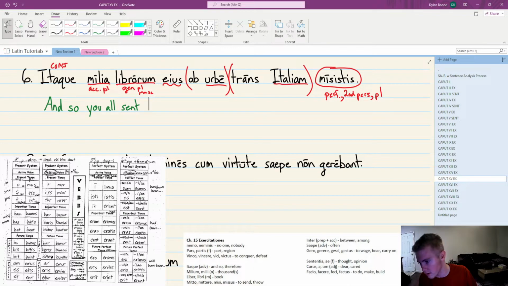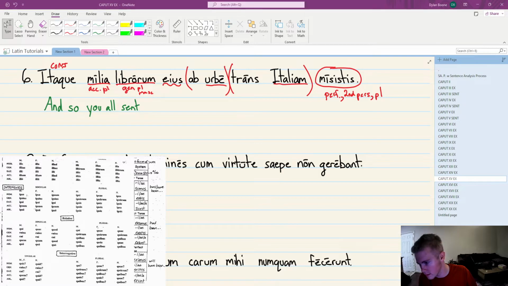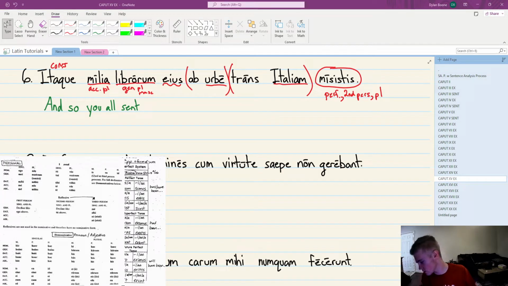From our demonstrative pronoun chart, I believe. Oh no, sorry, third person pronoun being used as a demonstrative pronoun here as a mild one. We see that eius is the genitive singular for all genders. My bad.